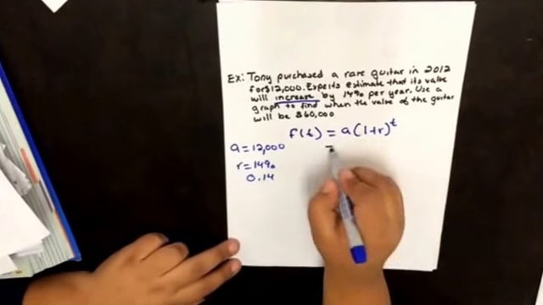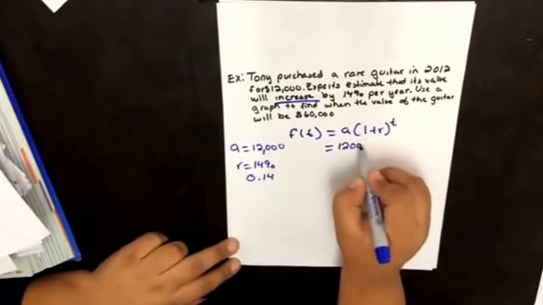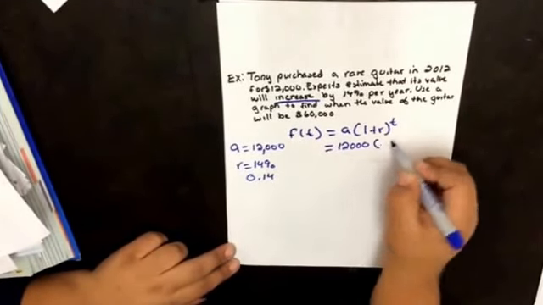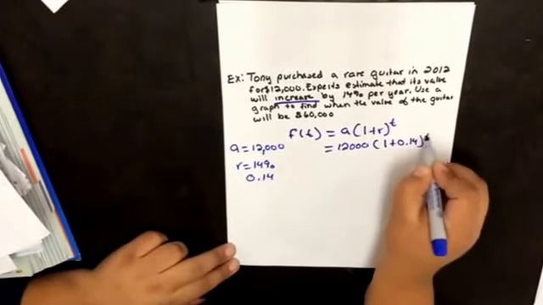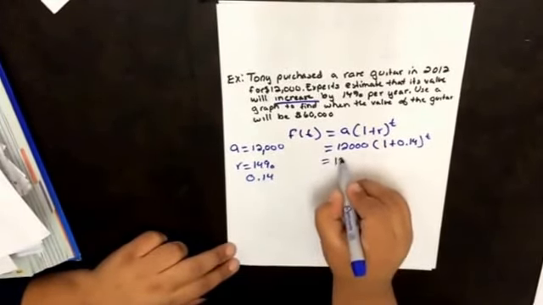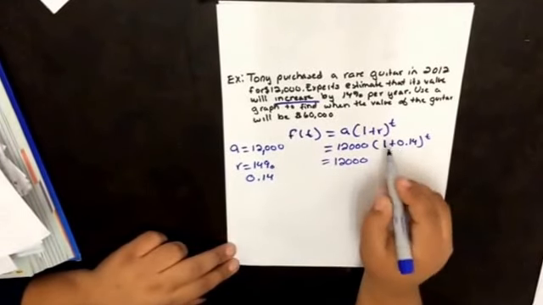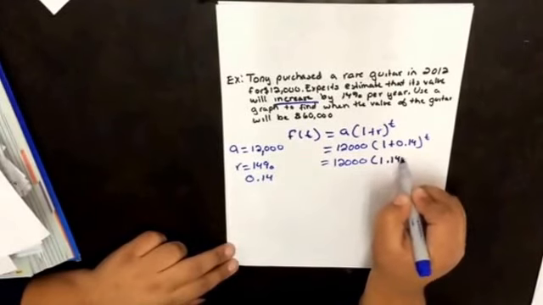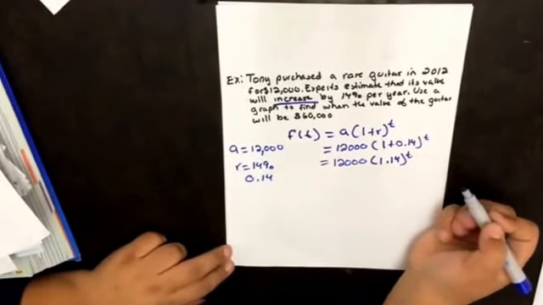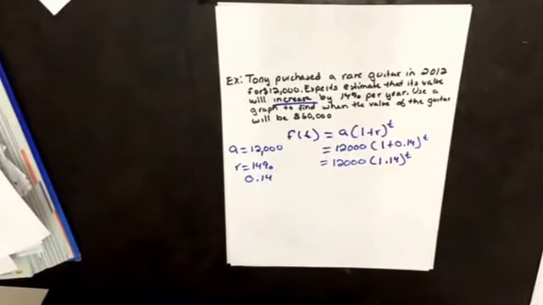And so if we plug everything in, we get 12,000 times 1 plus 0.14 to the t. If we simplify, we get 12,000 times 1.14 to the t. So now let's graph.